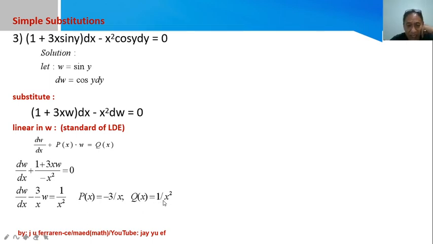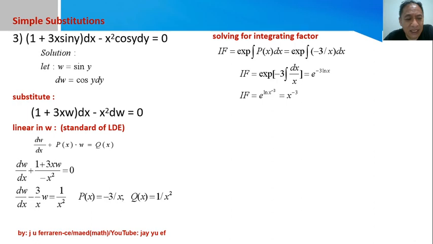So we can proceed with the integrating factor. What is our integrating factor? It is the exponential of the integral of p of x dx. So we have the exponential, and the p of x is minus 3 over x dx.